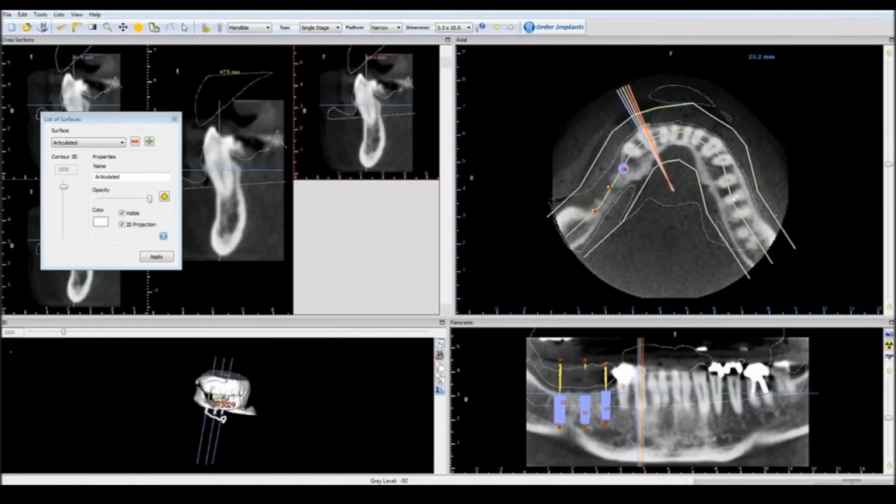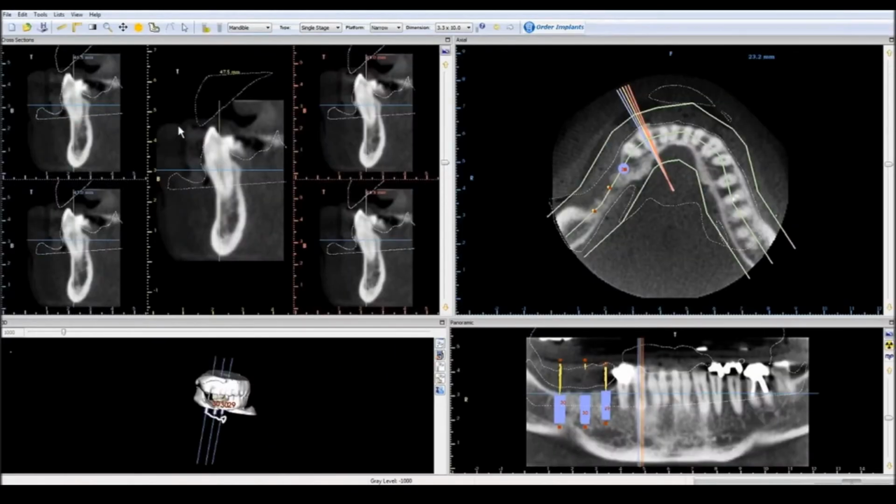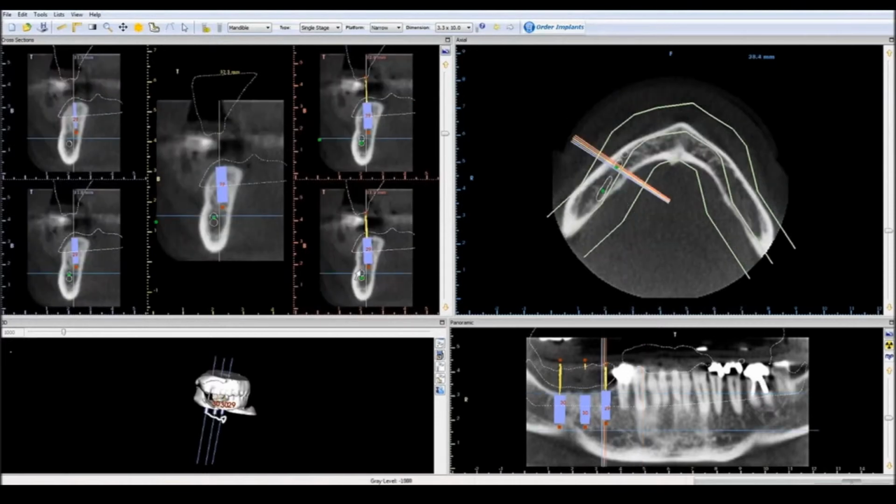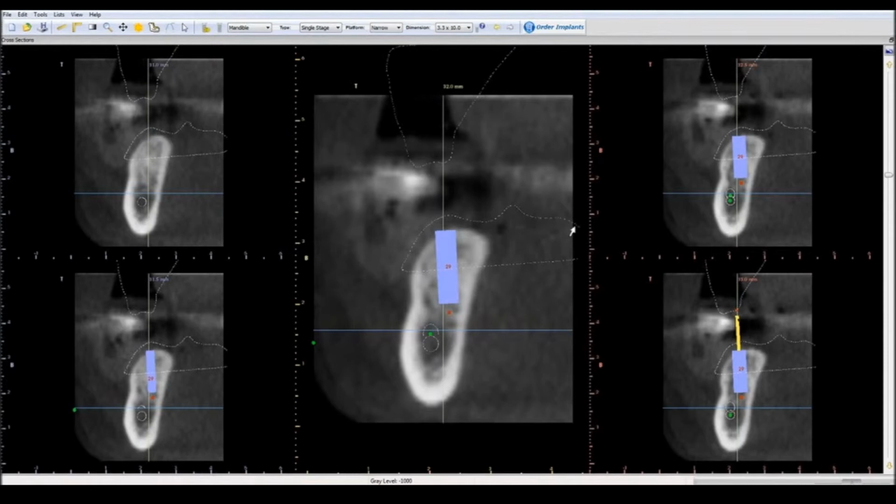Okay, so now we go to the cross-sectional views. What you have here is the left side's buccal. You have an outline of the opposing tooth. So now, when I set up my bicuspid angulation, let me bring in the center line.